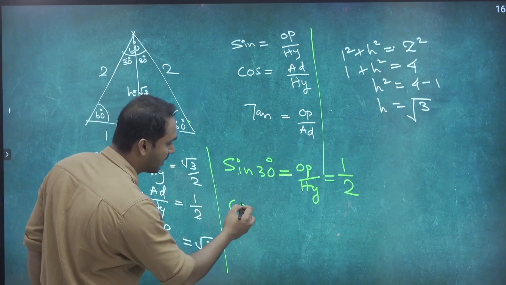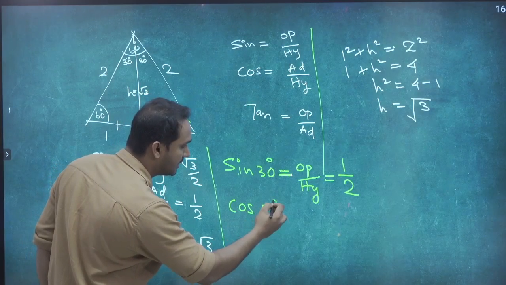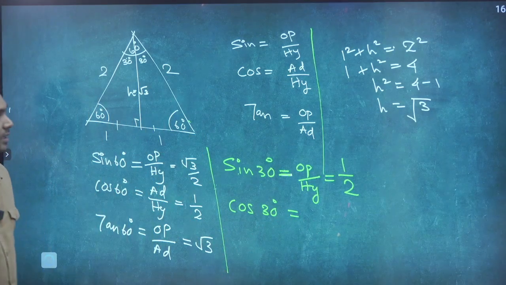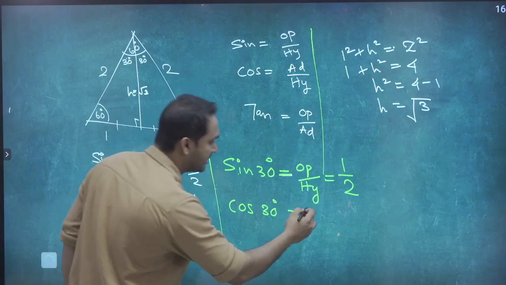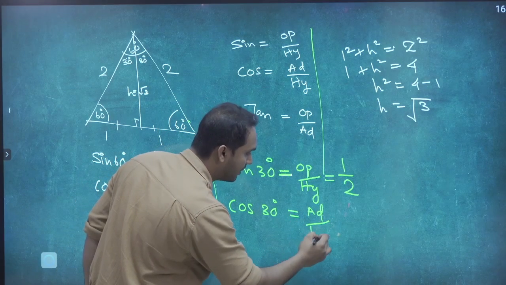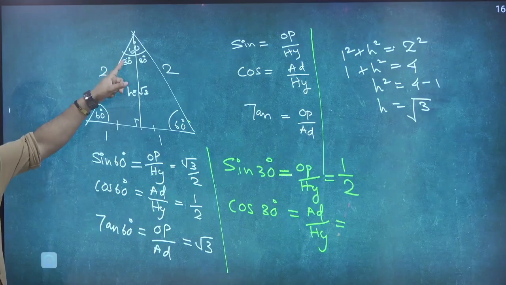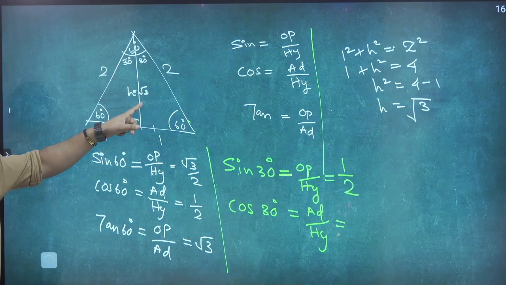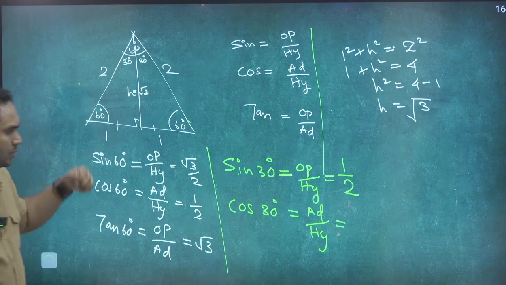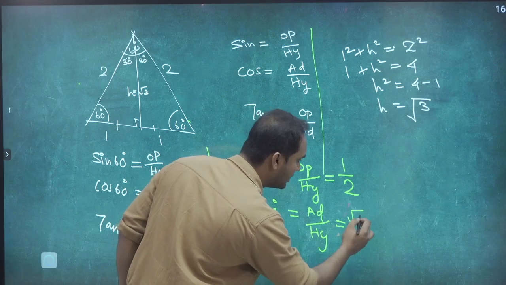Next thing, cos 30. Cos is adjacent over hypotenuse. Adjacent is root 3, hypotenuse is 2, so that's root 3 over 2.